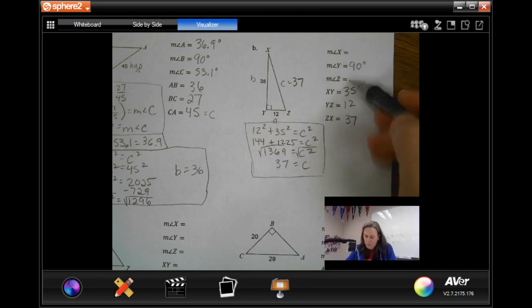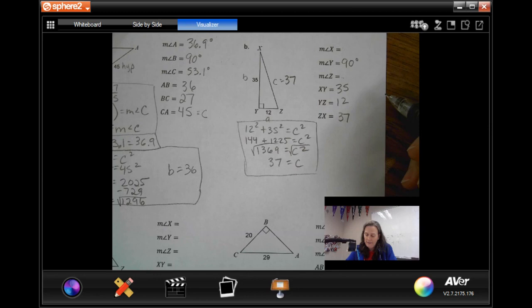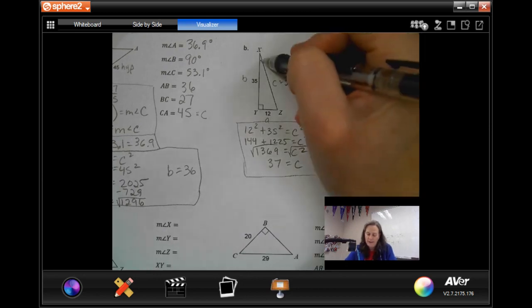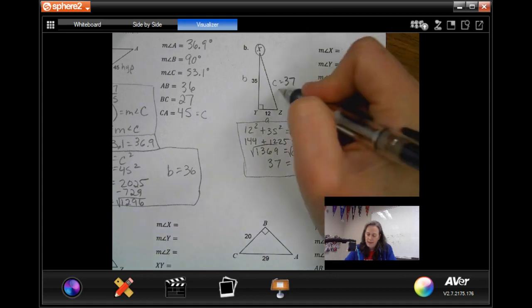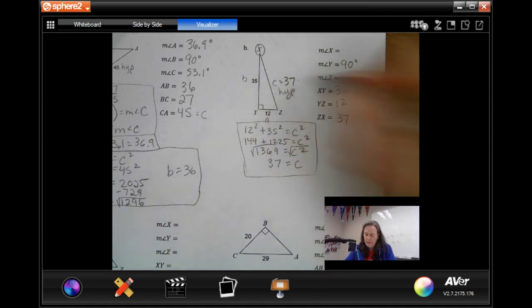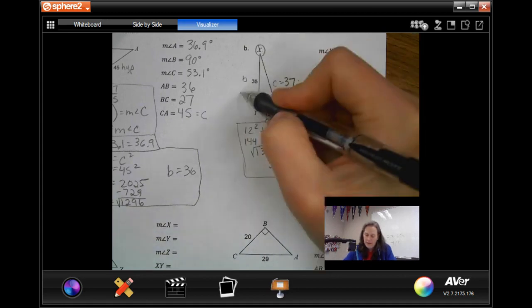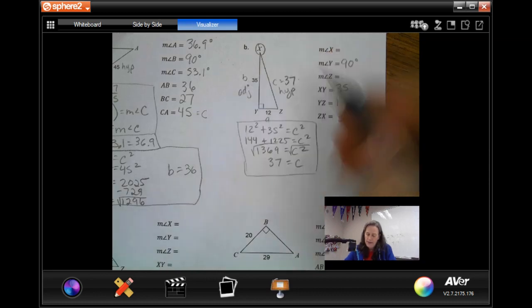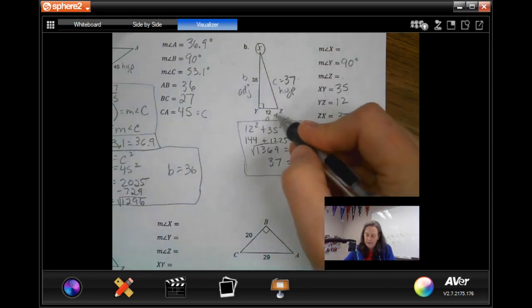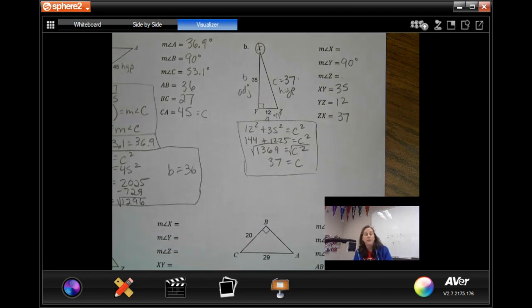Now you got to pick, do you want to work on angle X or angle Z first? Let's do angle X. So we'll go from this perspective. This is the hypotenuse, 37. This would be our adjacent. And then this guy is our opposite. So we could pick any trig function we want.